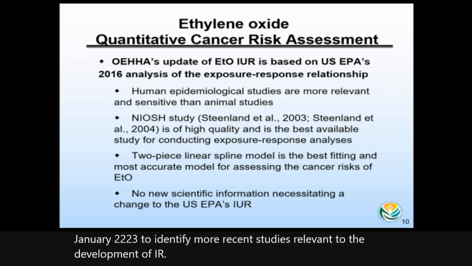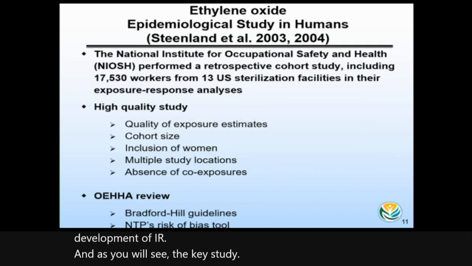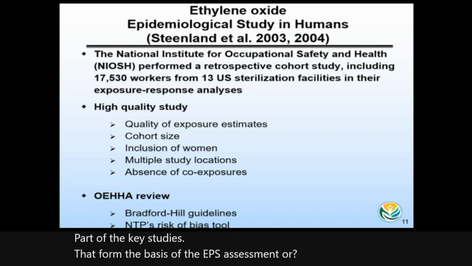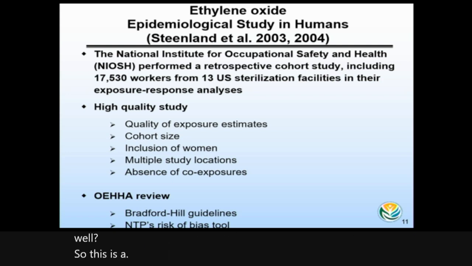And as you will see, the key studies that form the basis of the EPA assessment are essentially the same in our draft document on ethylene oxide as well. So this is a Steenland et al. 2003-2004 epidemiological study.